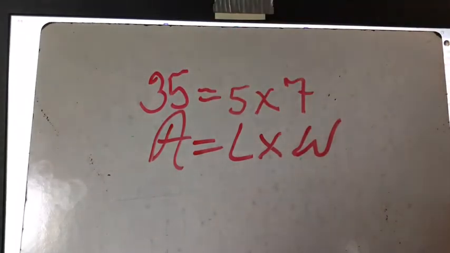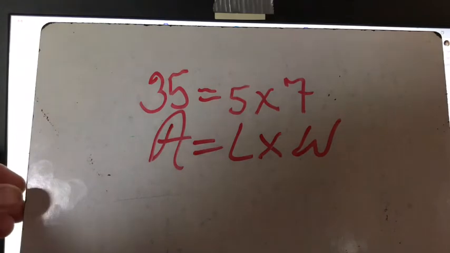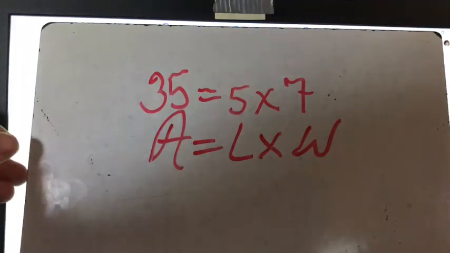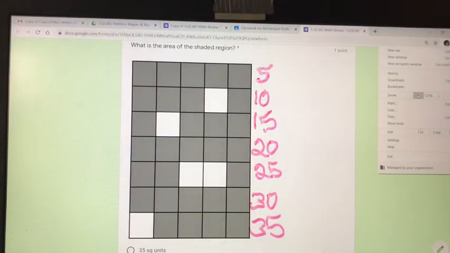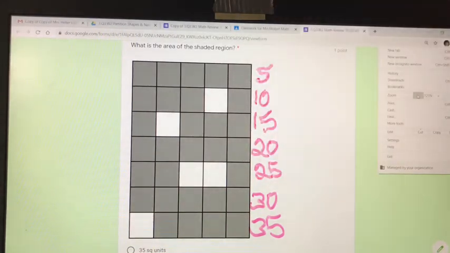The problem is we had some that were missing, so I'm going to subtract those out. So we have 35 total squares in our rectangle, but we have 1, 2, 3, 4, 5 that are missing.